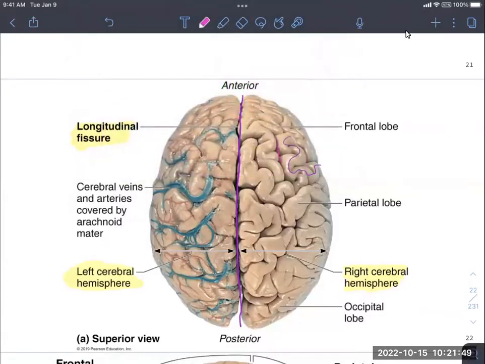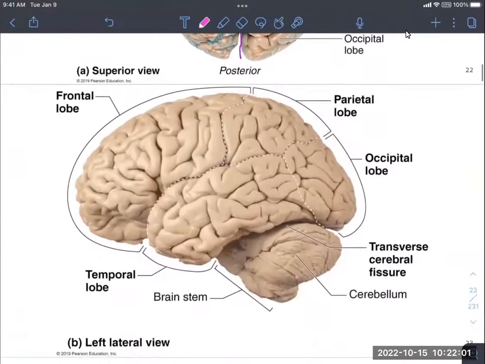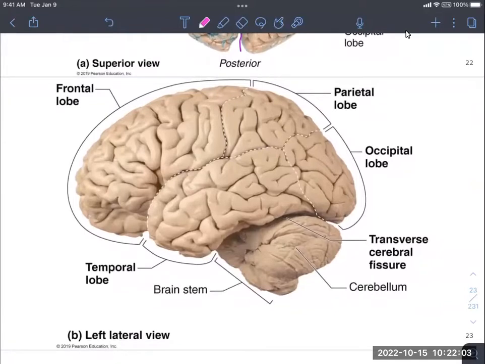Those are the parts in between the gyri. All of this is what helps to make up our brain. Here is a lateral view, because at that lateral view, you can see the cerebellum with that transverse cerebral fissure through that portion.